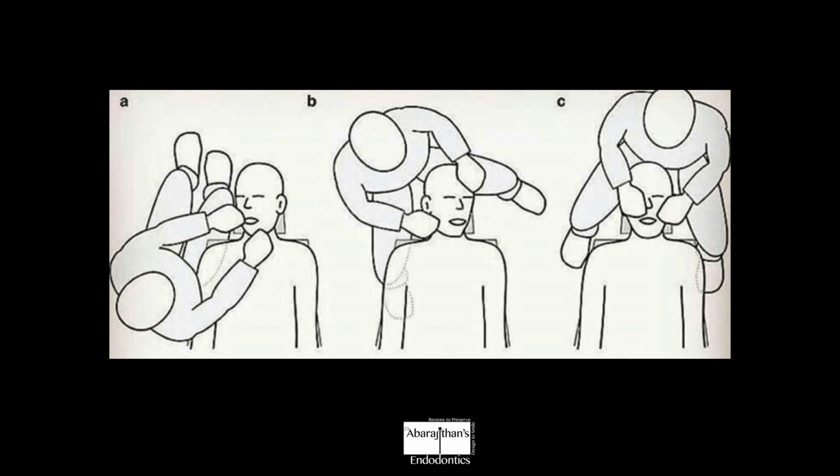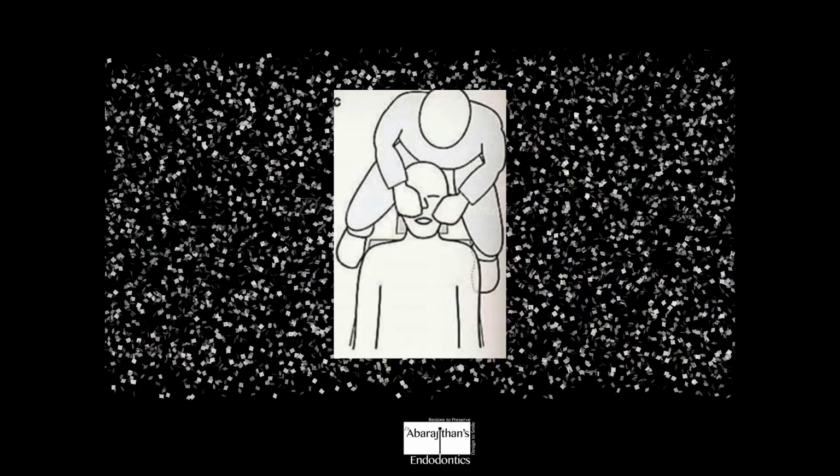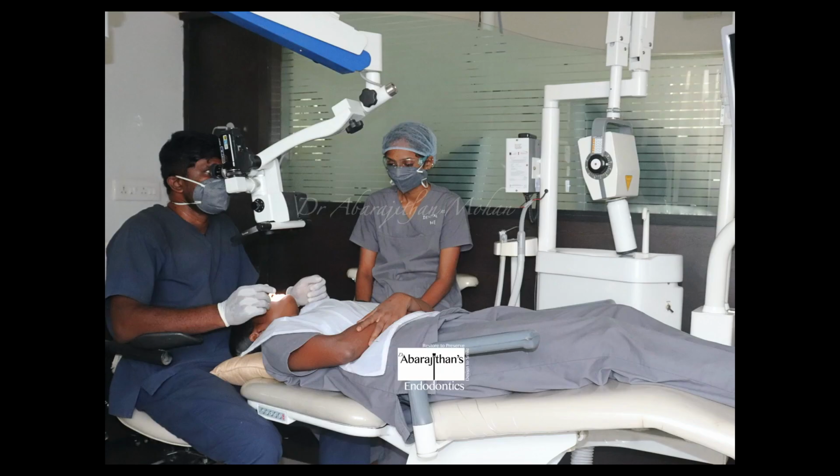But the basic difference is, in advanced ergonomics, especially when you use microscopes, the only chair position that you need, to work on all the teeth, in all the quadrants, is the 12 o'clock position. Yes, you can go a little to 11 or 1, but basically it is a 12 o'clock position for almost all procedures.